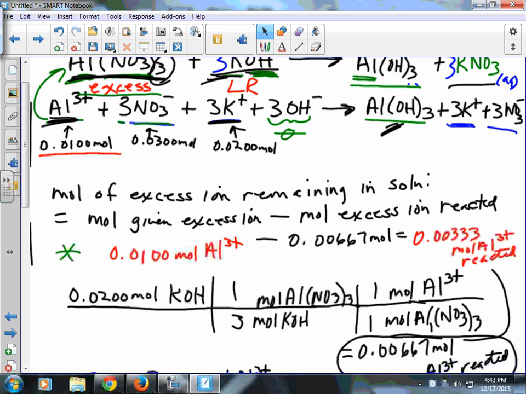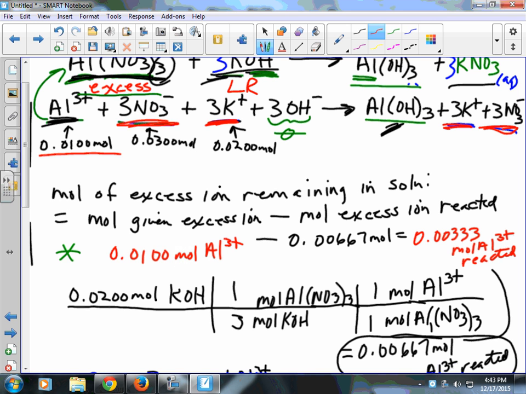And remember, that's why I like having the ionic equation, because that way you can see at a glance. Our spectator was potassium. See it over here? Did not change. Nitrate did not change. Those are our spectator ions. Nothing happened to them. They're still there.